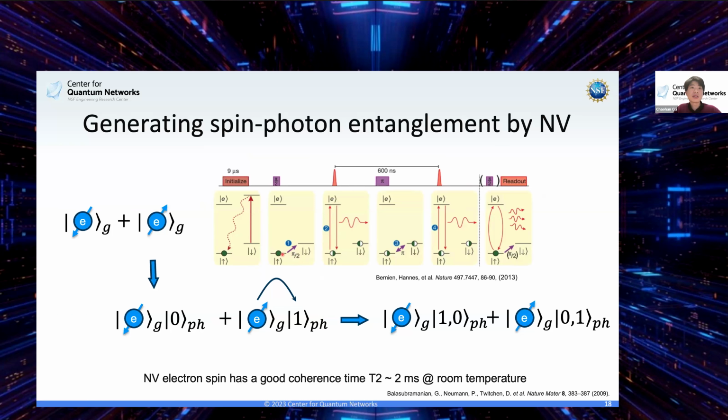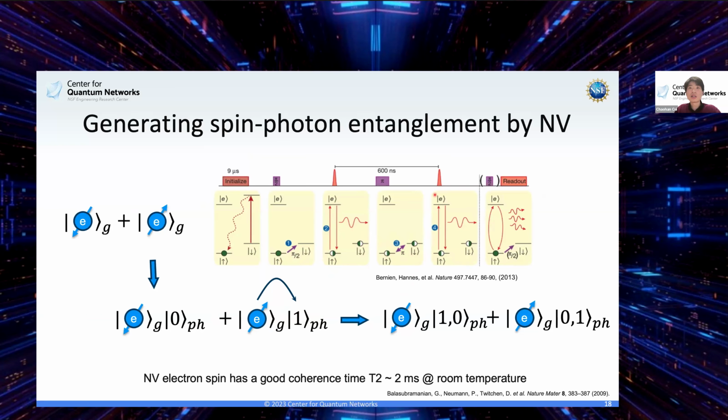Now at the beginning it's a superposition of two states. Only the spin up will excite a photon into your photonic mode and fly into your network. Then I do a pi pulse and flip it, so that the previous part in the down state now converts to the up state.